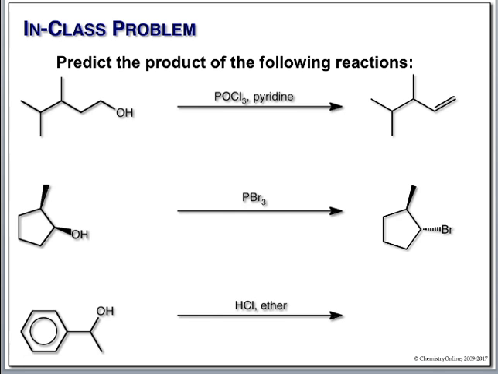This goes all the way back to 234, HCl and ether. Why does this work? Because we're making a benzyl carbocation. You can't get much more stable than that. No rearrangement's going to happen. We're simply going to add the chlorine to this spot. Or we could do an E1 elimination.